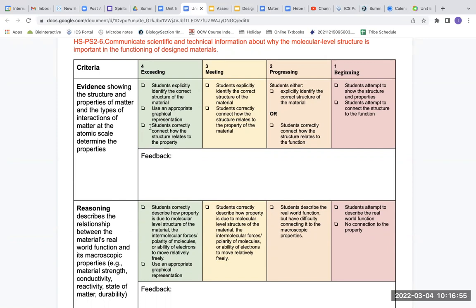For example, how do the inter or intramolecular forces that you learned in Unit 4 produce malleability, one of the properties that you see in your material? How does it have a low melting point? The strength of the inter or intramolecular forces is going to give a certain property to the material.